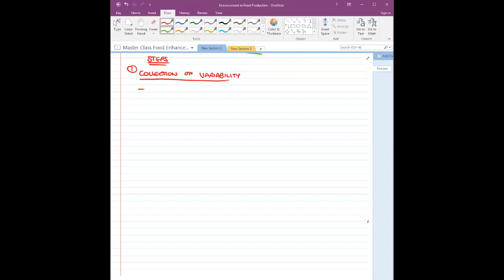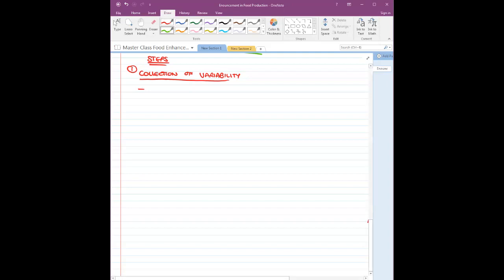Maybe the other one has the ability to produce fewer thorns. Maybe another one is pest resistant. Another one is fertilizer free, rich in nutrients. So you are going to collect all the different possible combinations. That is called your variability.